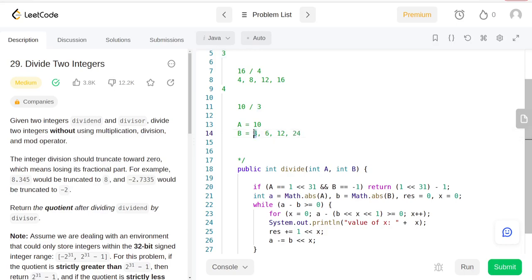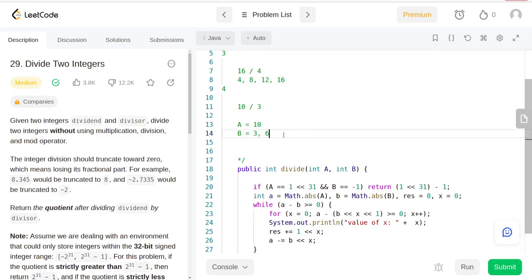You stop where the answer becomes greater than A, and the next one, 12, did become more than A.